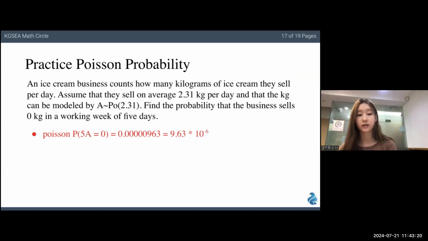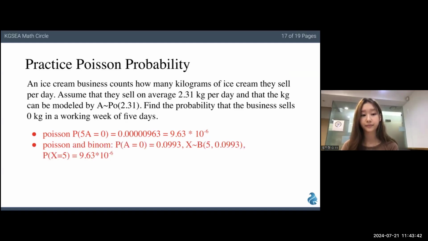First, you can use Poisson with the probability where 5A equals 0, because you're looking at 5 days, and the average is given per day, and that's why you'll be multiplying. But here's another way you can solve this problem, which applies your knowledge about binomial distribution again.